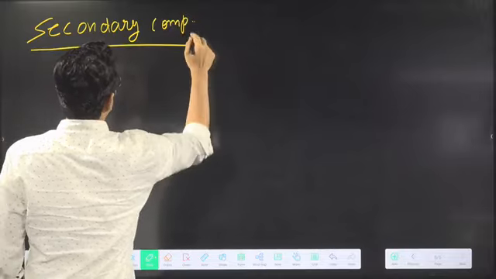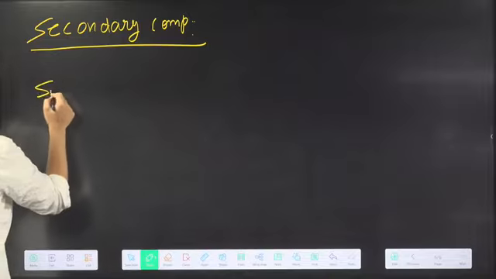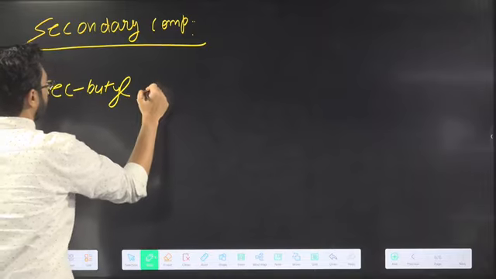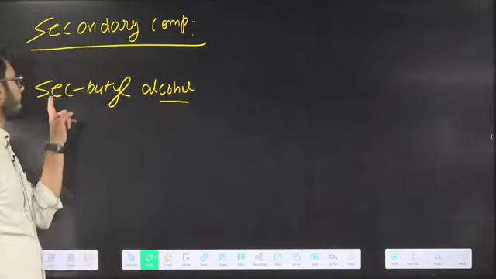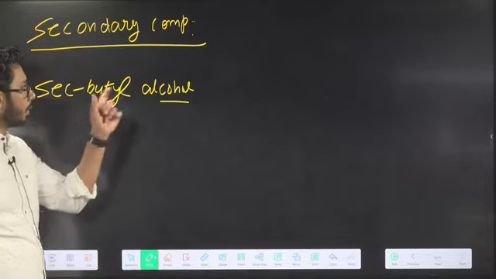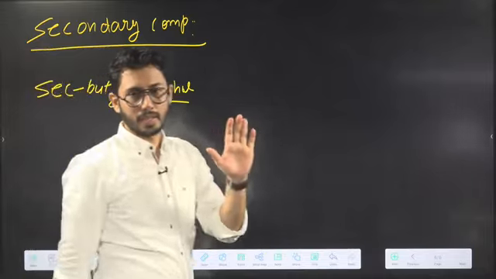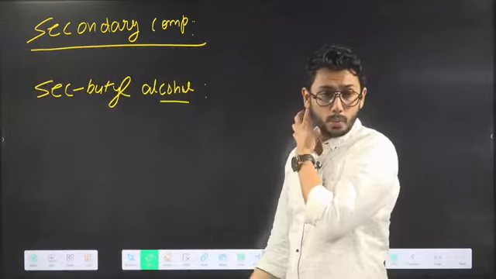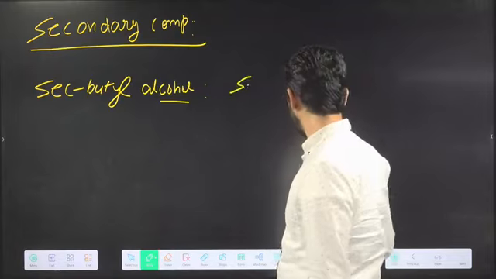In secondary compounds you will get only one example always, that is sec with butyl. Sec butyl alcohol, suppose. As the name says, sec means secondary, so the alcohol will be bonded to the secondary carbon, that's it. That is the significance of sec compounds, and generally you will get it with butyl; beyond it you will not get.